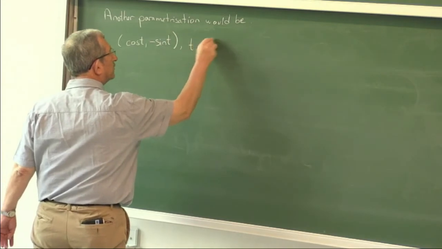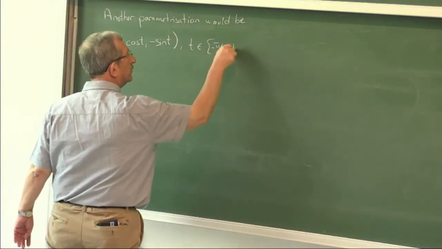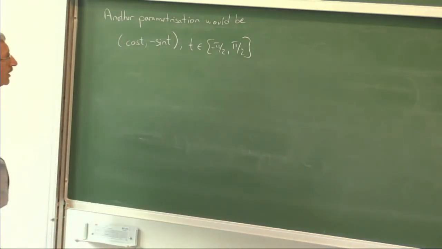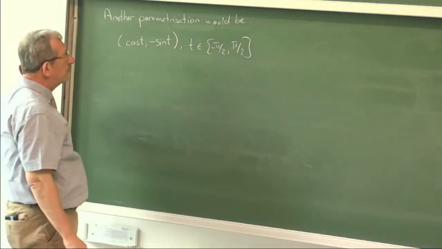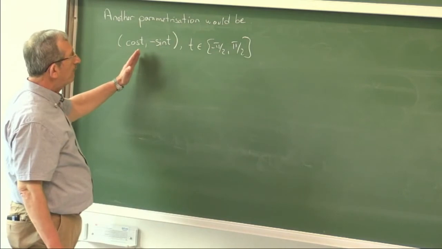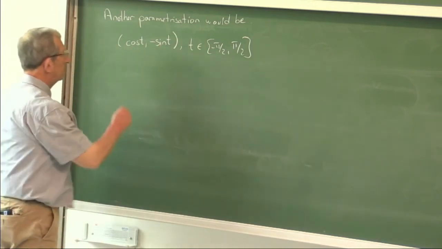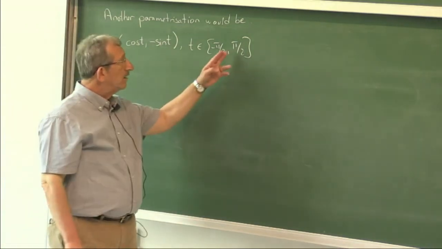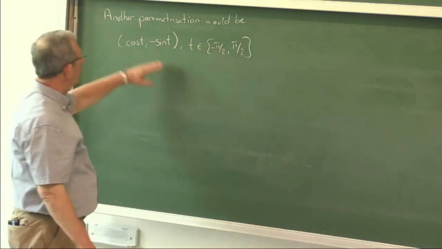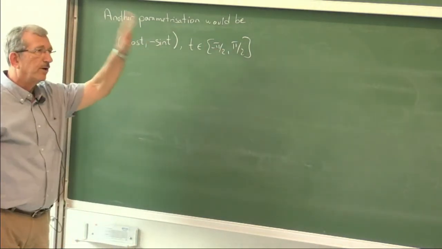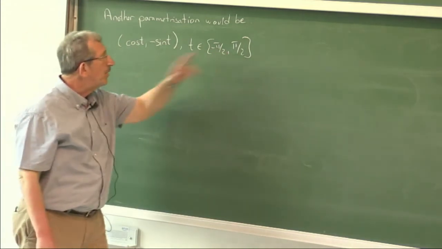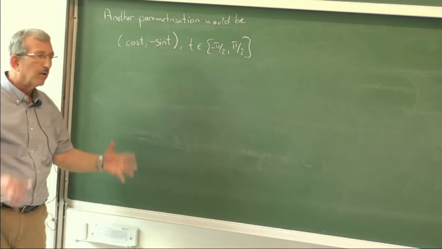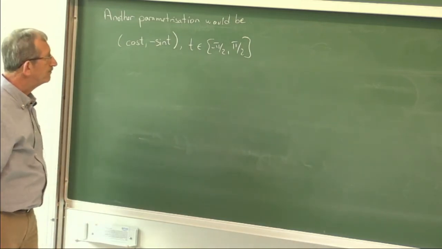Here t runs from minus pi over 2 to pi over 2. Let us check if we have the correct one. At minus pi over 2, we have 0, 1, so we are at the top. And when t is 0, we have 1, 0 on the right side. And finally, at pi over 2, we are at 0, minus 1 at the downmost point.